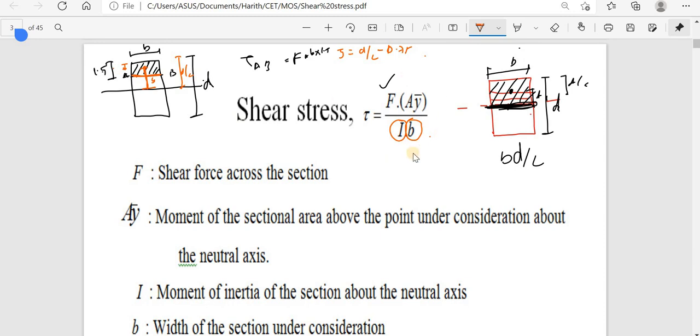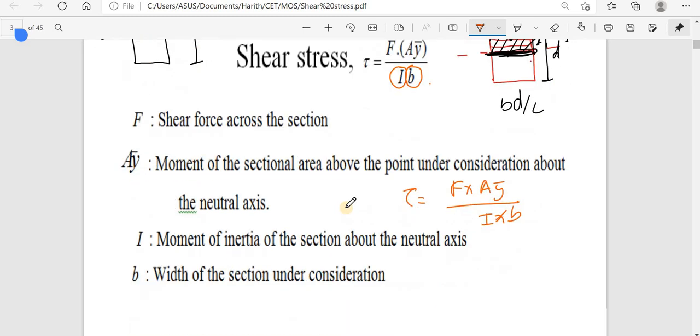The shear stress is given by tau is equal to F into A into y bar divided by I into B, where F is the shear force, A is the area, y bar is the distance of the centroid from the neutral axis, I is the moment of inertia, and B is the width of the section. Where the B will be changing, we will explain while doing some problem.